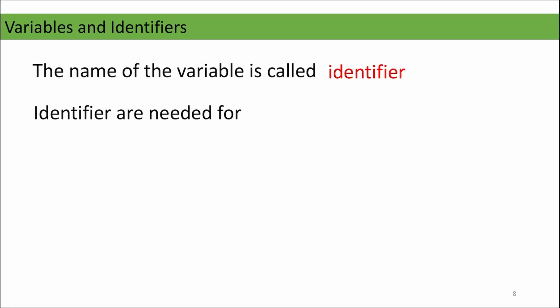Now, identifiers are needed for different types of information in programming. One is variable. So again, you have something changing. The value keeps changing every time, depending on conditions. If you use, for example, student ID, it's different from student to student. There's not one number for everyone. It depends on the student.